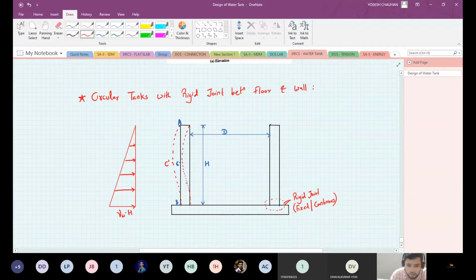Since this wall deflects like a cantilever, we can say that at this point your deflection is zero and slope is also zero.